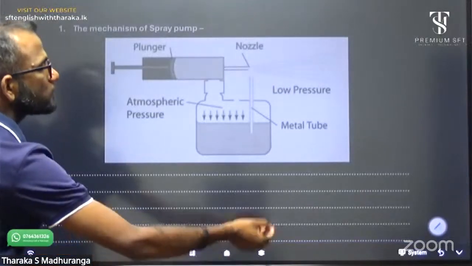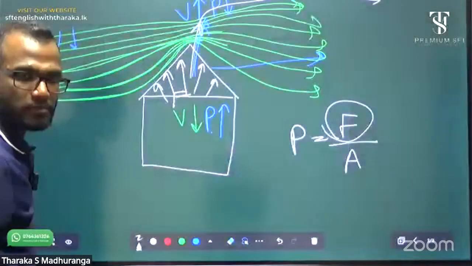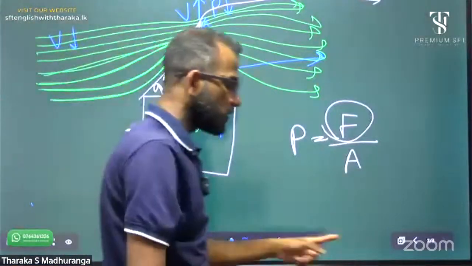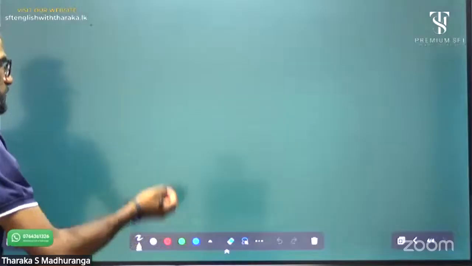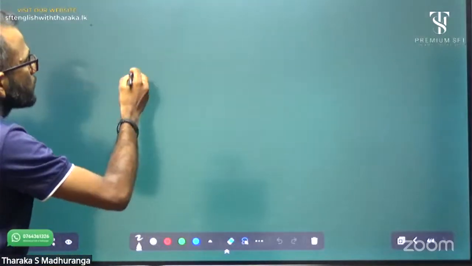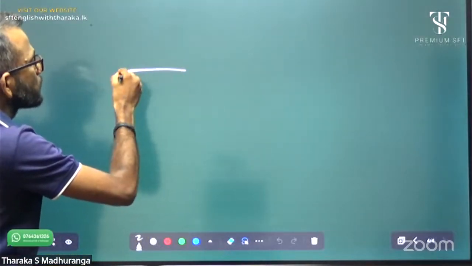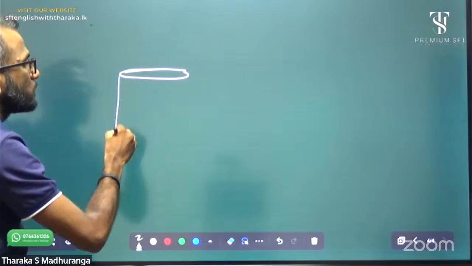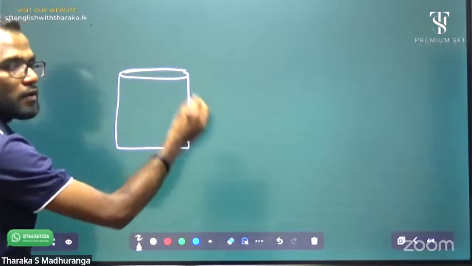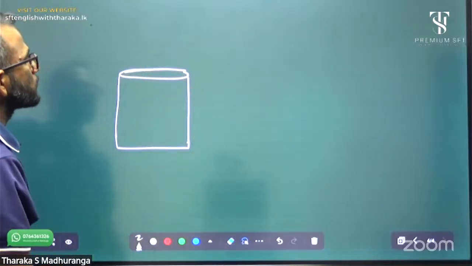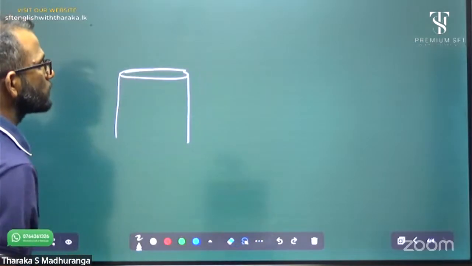Now, this is the spray machine mechanism. Understand, that was an exam question, right? Now think this is the spray liquid.